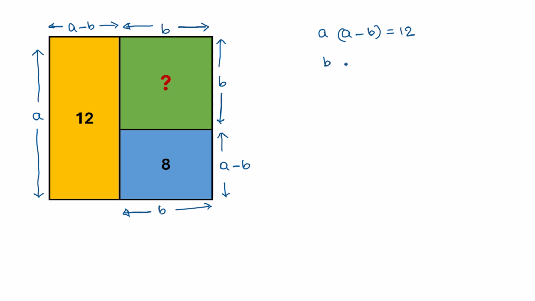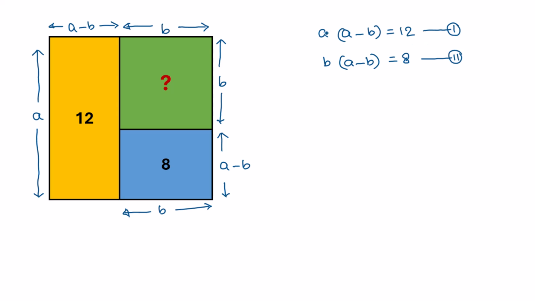So B times (A minus B) is 8. Now consider this as equation number 1 and this as equation number 2.